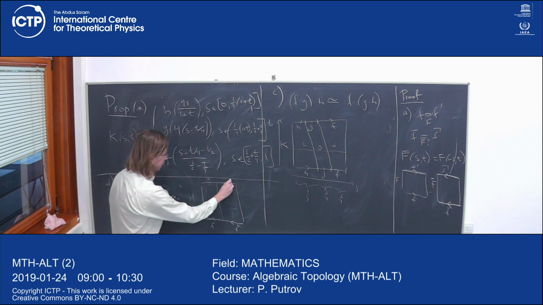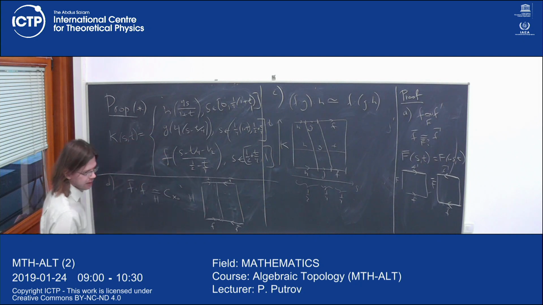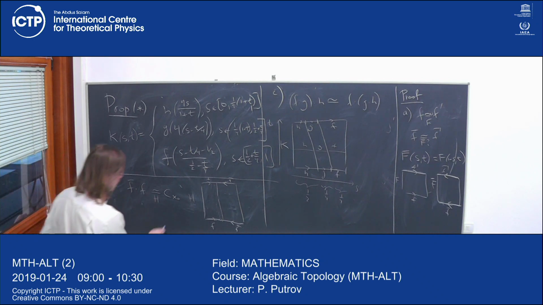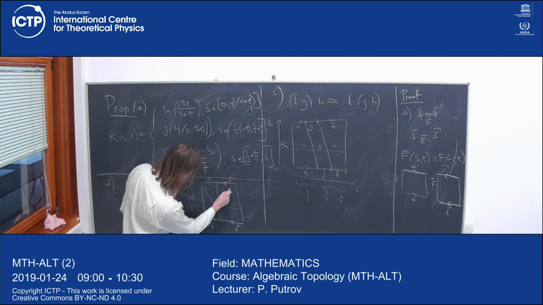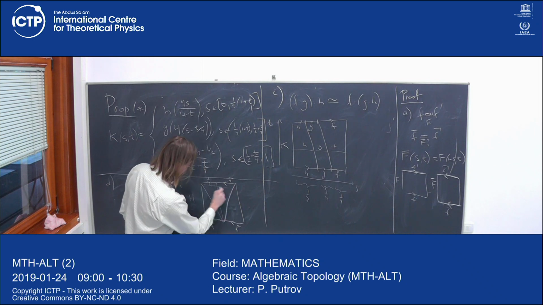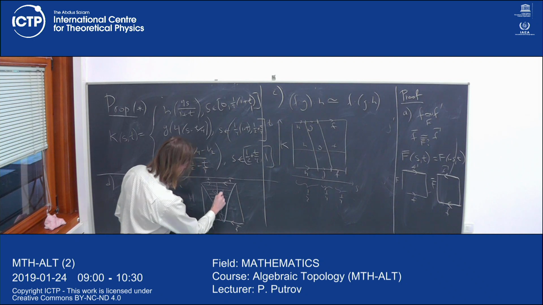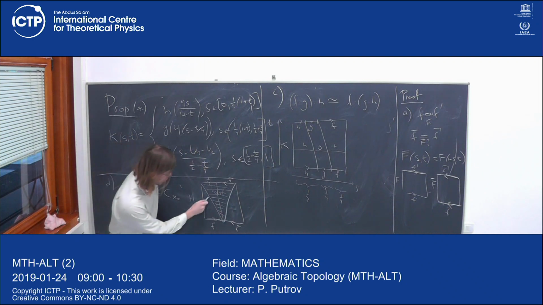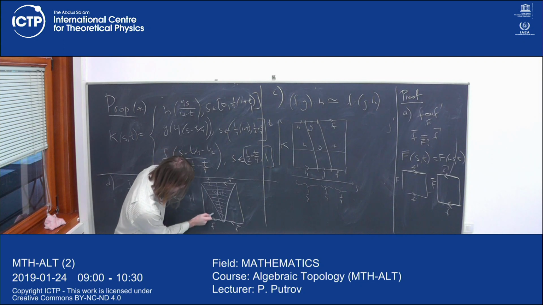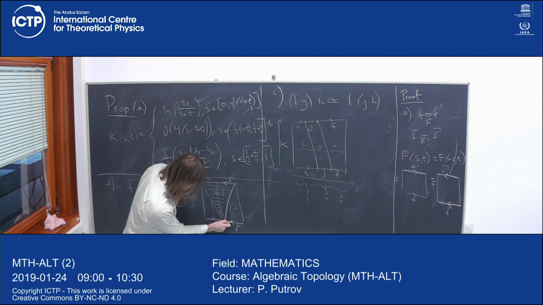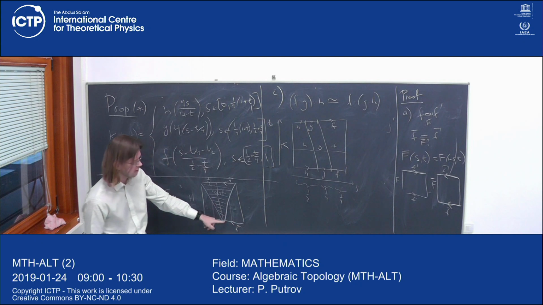And then let me modify it as follows. Let me say that here I will replace it by a constant function. This is indeed compatible because the value of the path at this point is the same as the value of the inverse path at this point, right?